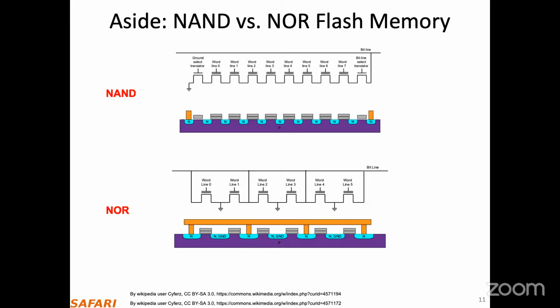For a NAND string, a very large one, the transistors are connected serially, so you need to flow current through this NAND string to understand the voltage or status of your cell.